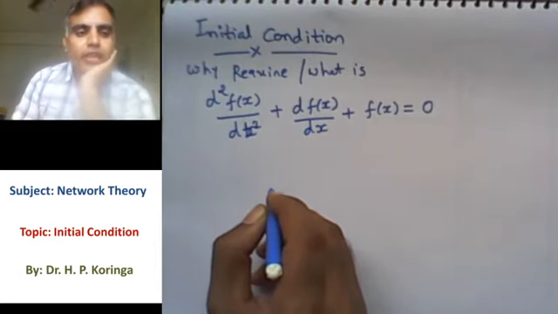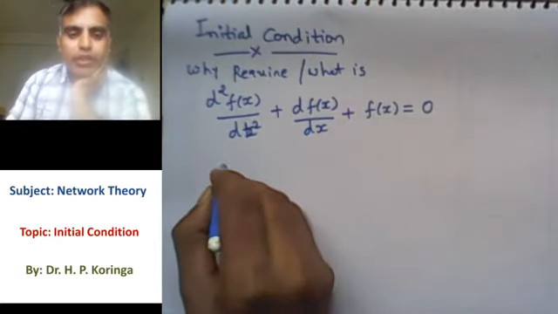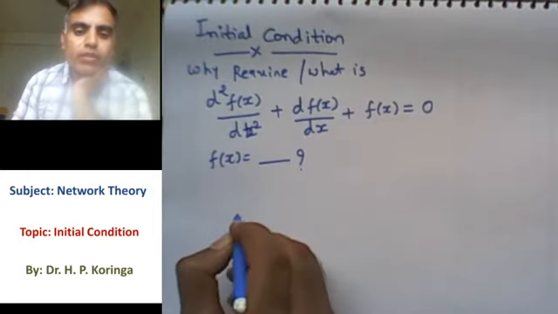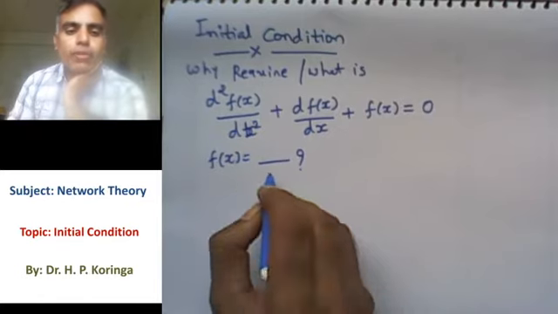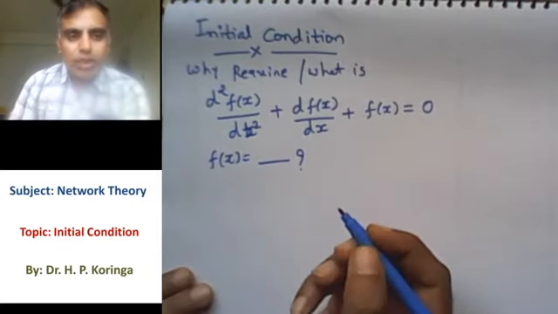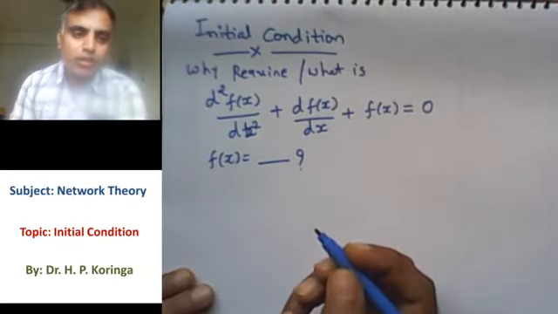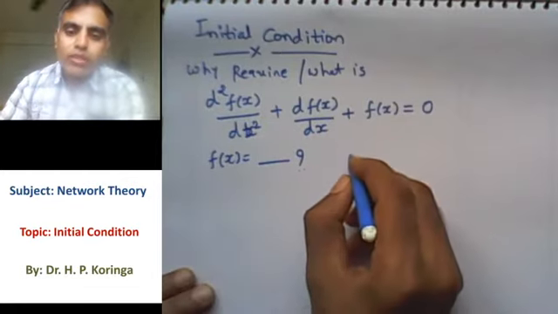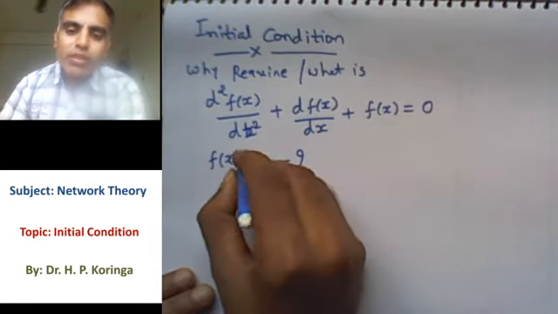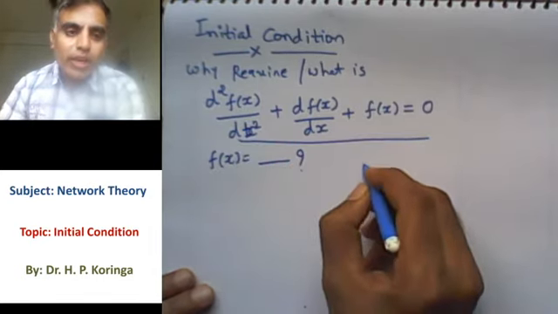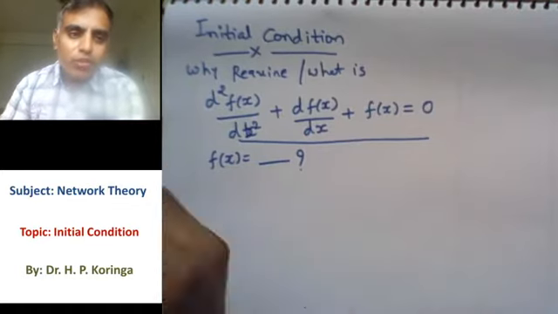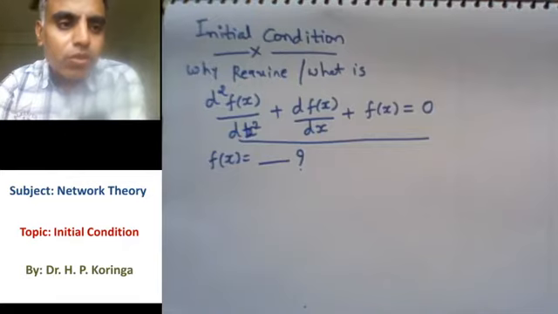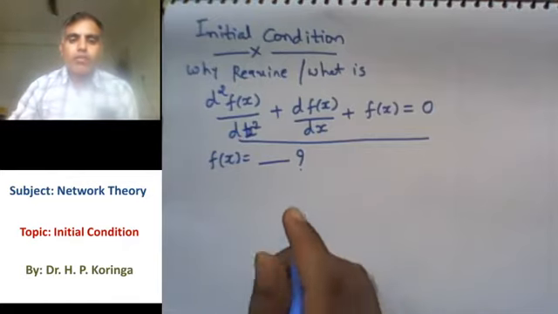Our interest is to find out f of x. We have different solution methods for differential equations. To solve this in mathematics, along with the differential equation we require some more values, because when we do the differentiation, it converts all the constants into 0.